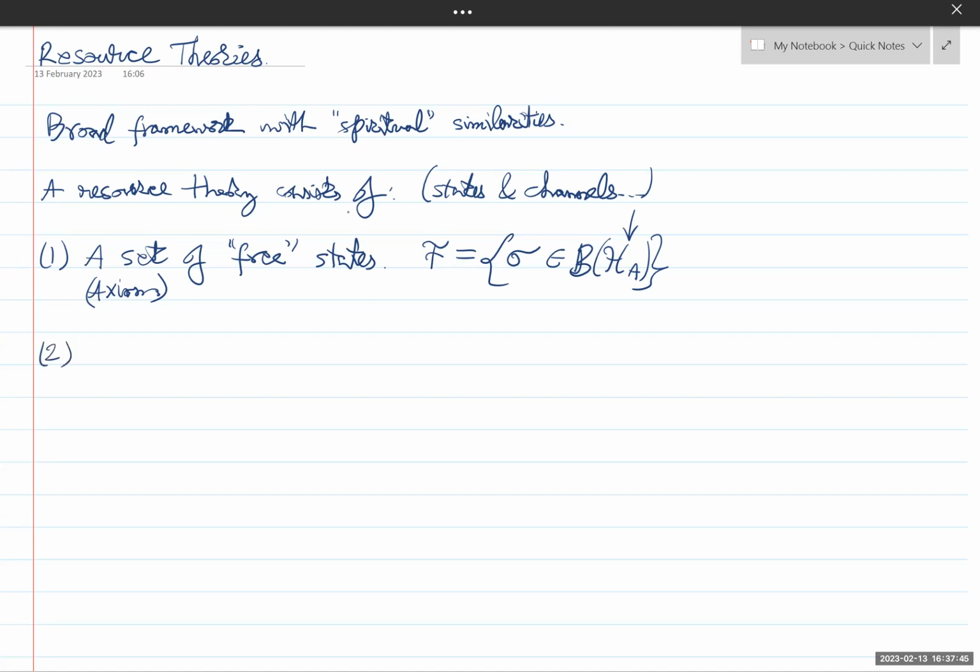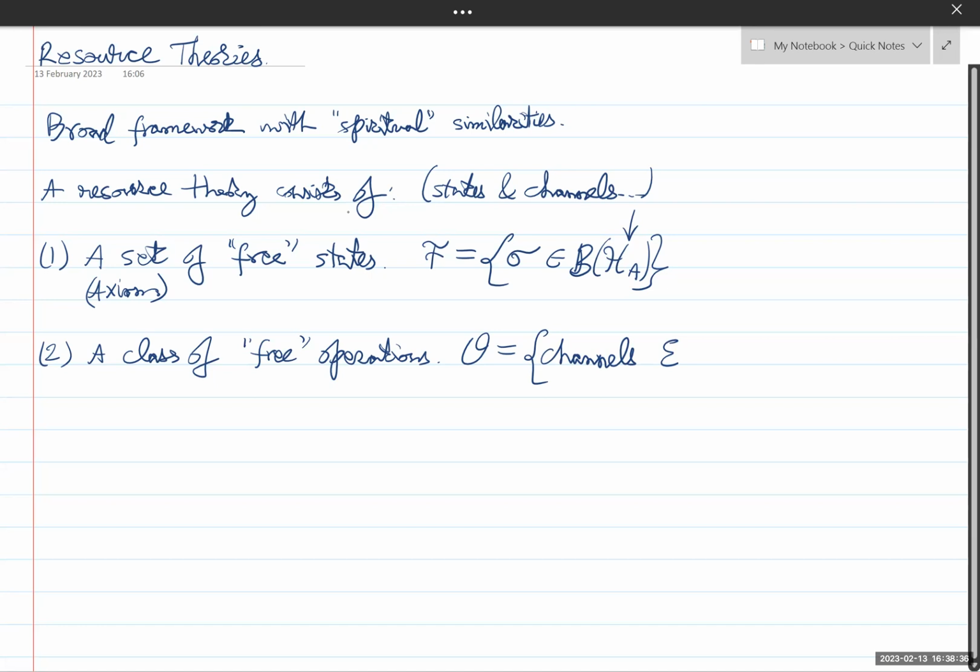Then there is a class of free operations, and we can denote this by, say, O. Now, the most broad definition of a resource theory would be something where these operations O consist at least of channels, let's call them E, with certain properties, which I will come to in a minute.